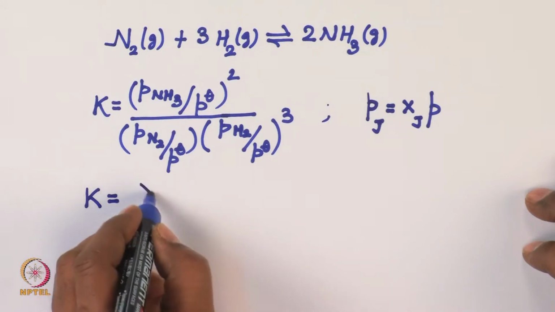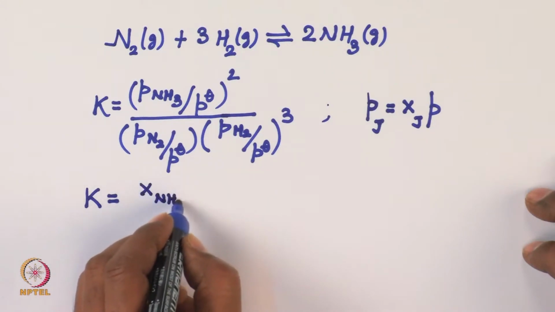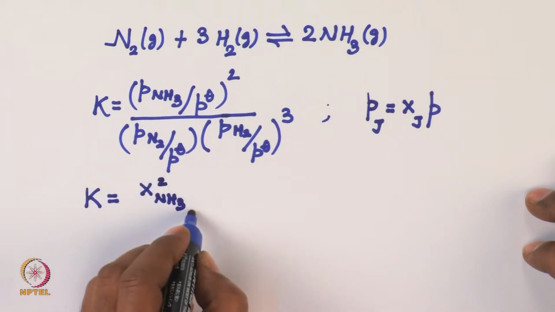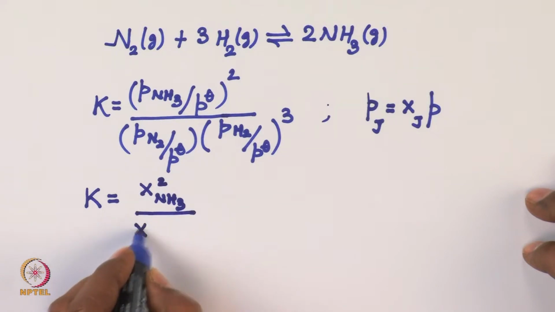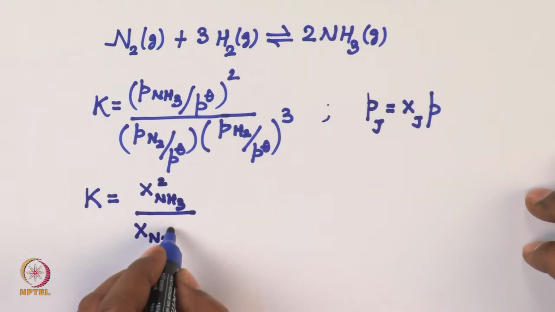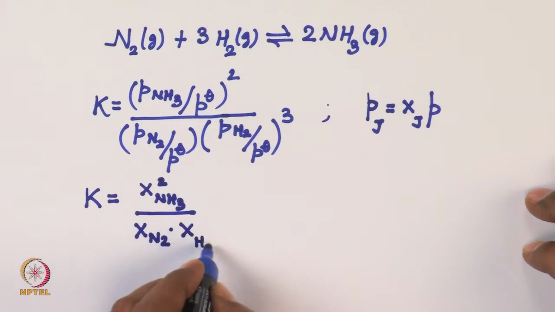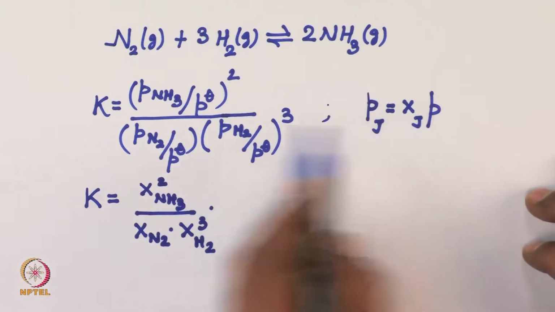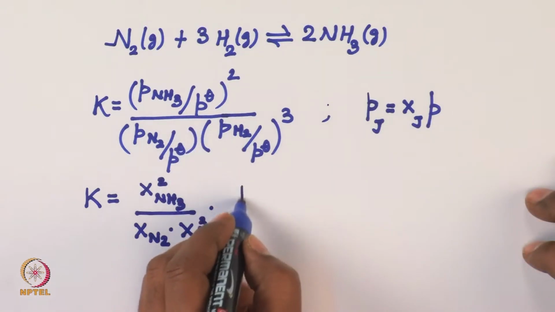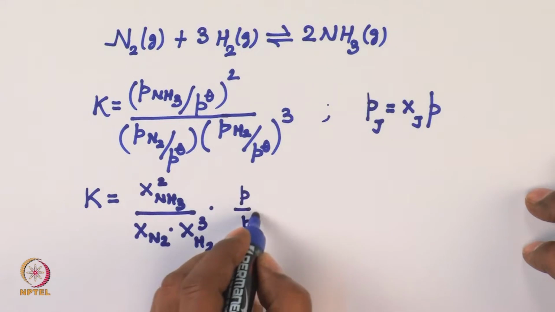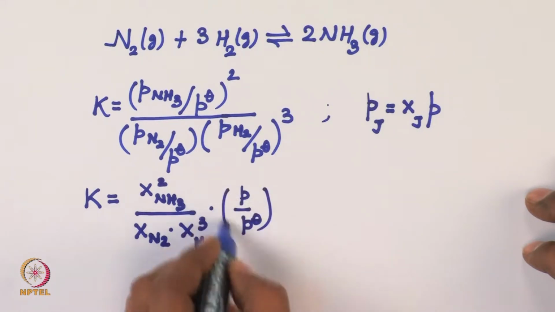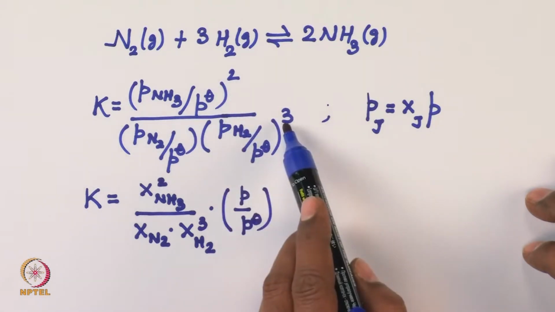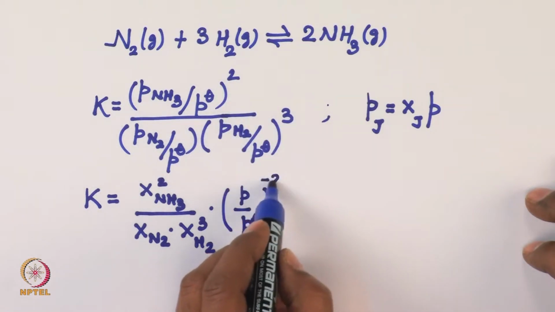I will have mole fraction of ammonia raised to the power 2 over mole fraction of nitrogen into mole fraction of hydrogen raised to the power 3, and pressure term is also there. So, it will be P by P naught raised to the power 2 minus 1 minus 3, that is 2 minus 4 is minus 2.